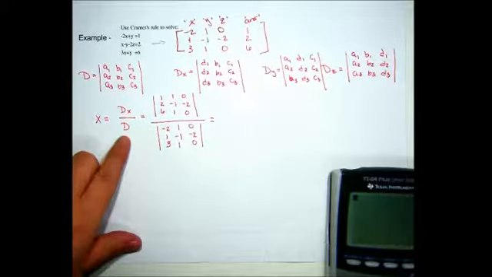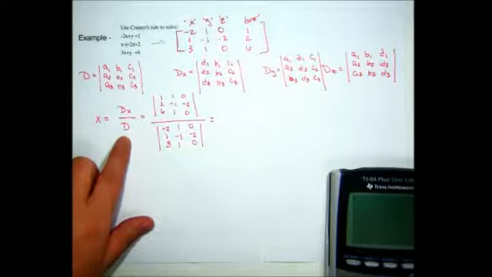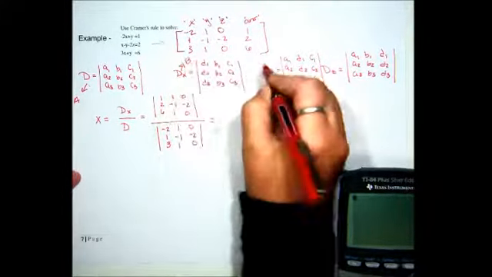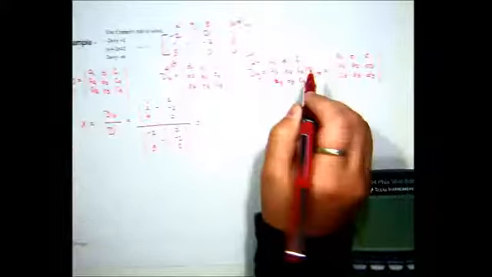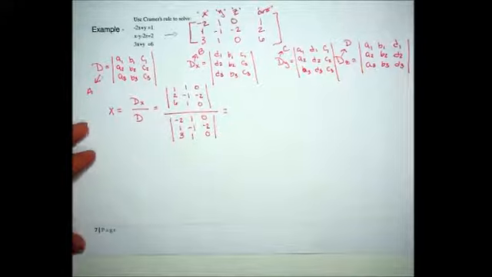Now, what I want for X is I want dx divided by D. Now, in my calculator, D was A, D sub X was my B matrix, this was my C matrix, this was my D matrix.